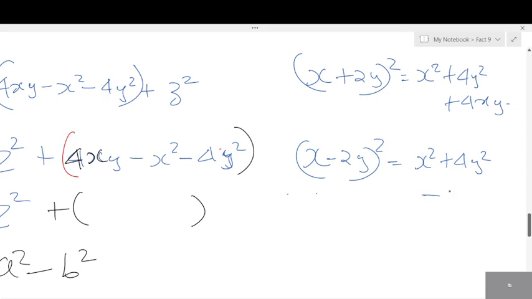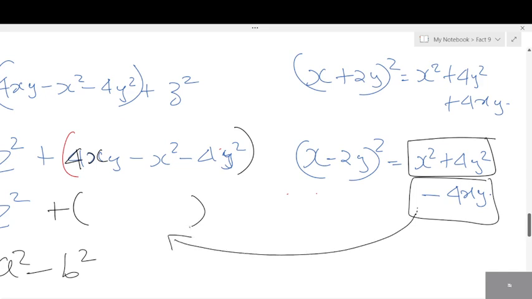What is 2ab here? 2 into x into 2y, that is minus 4xy. Now look here. These two are positive. Only one is negative. We'll take this equation. So you write x square plus 4y square minus 4xy.